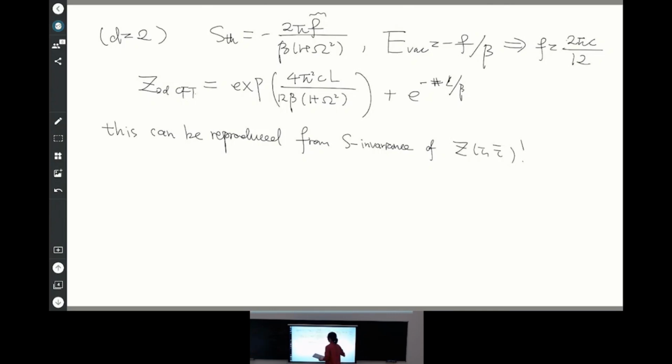If you go through this calculation carefully, you will see that the thermal effective action captures the contribution from the ground state in the modular dual channel.